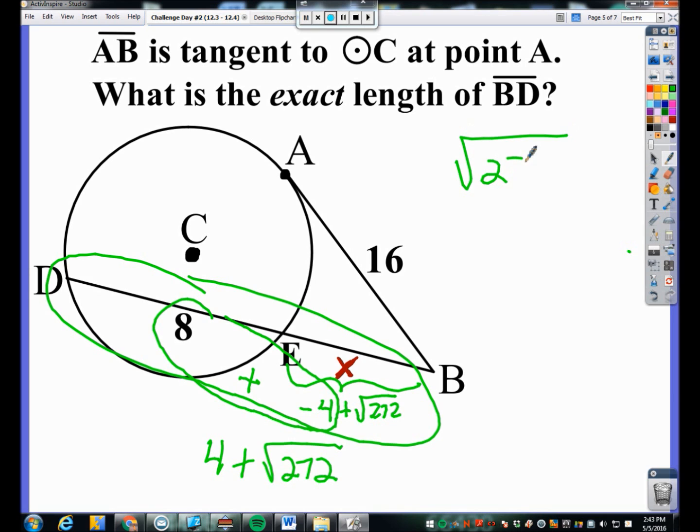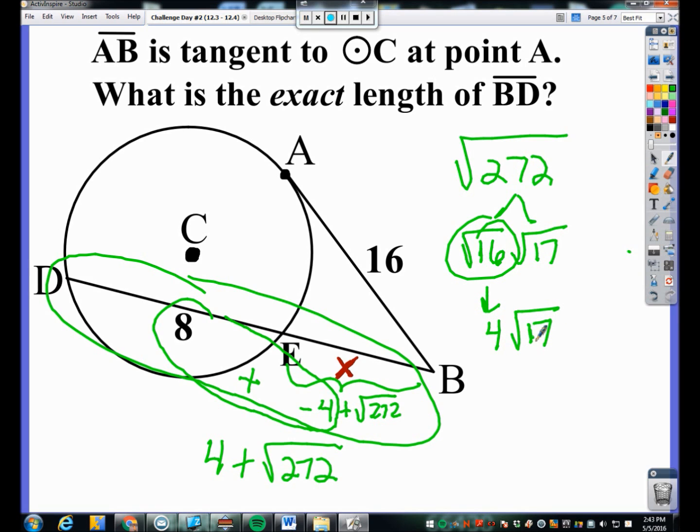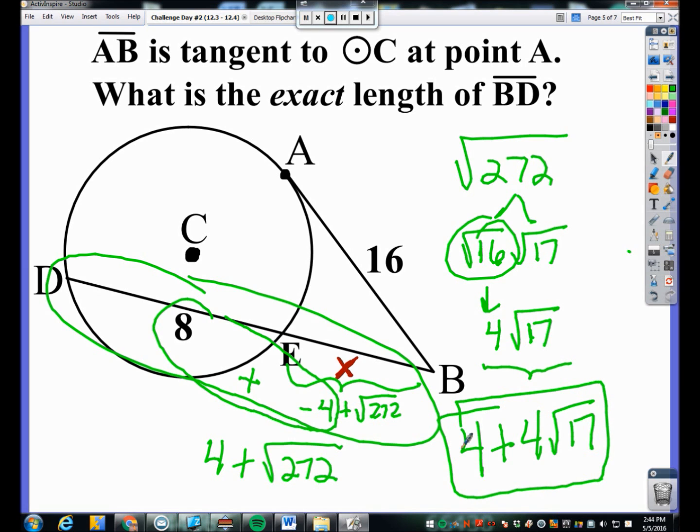So the square root of 272 is the square root of 16 times 17. And the square root of 16 is 4, and the square root of 17 is prime. So really, my final answer would be 4 plus, now this guy, 4 root 17. And I can't add together the 4 and the 4 because this 4 is attached by multiplication to the square root of 17. And there is the exact length of segment BD.